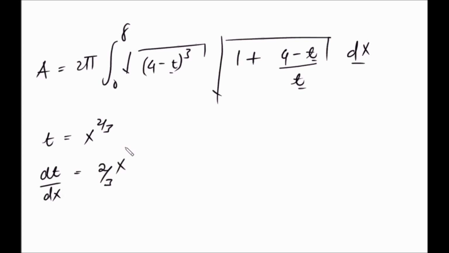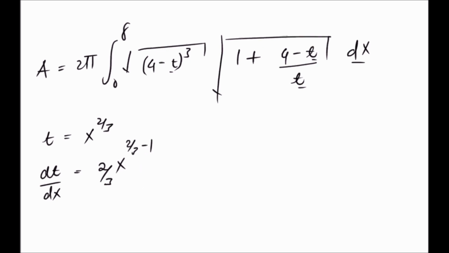Ni 2 over 3 x power 2 over 3 minus 1. 2 over 3 minus 1 ni negative 1 over 3. Kwa hiyo hii ni 2 over 3 x power negative 1 over 3. So dt dx ni sasa na 2 over 3. Hii x power negative 1 over 3 unaweza kaweka huku chini ikawa x power 1 over 3.